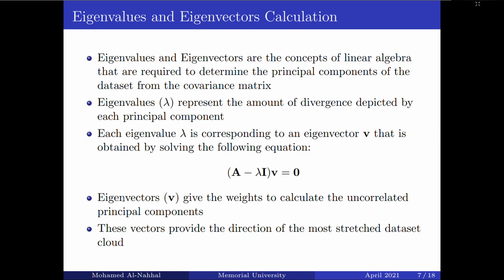Eigenvectors give the weights to calculate the uncorrelated principal components, and these vectors provide the direction of the most stretched dataset cloud.